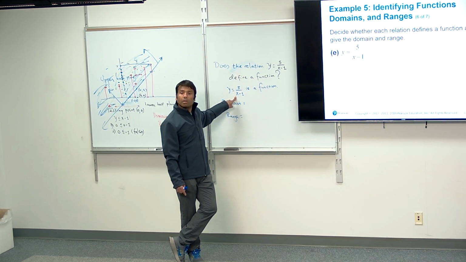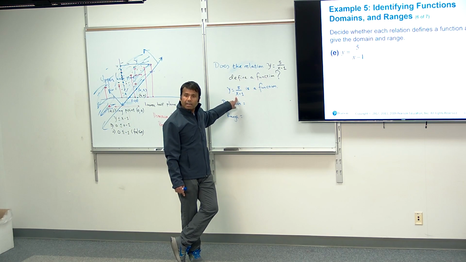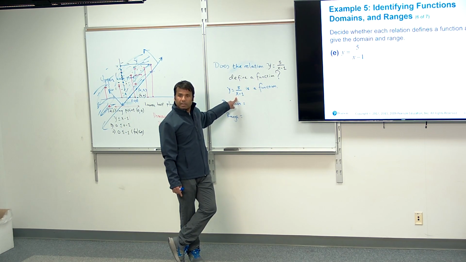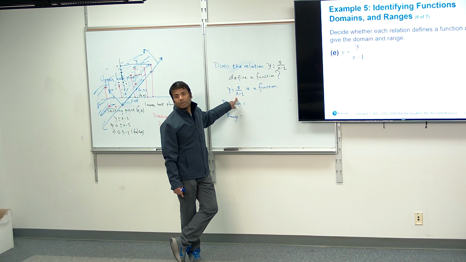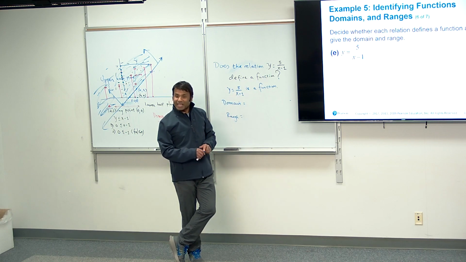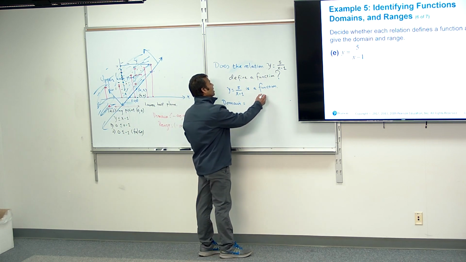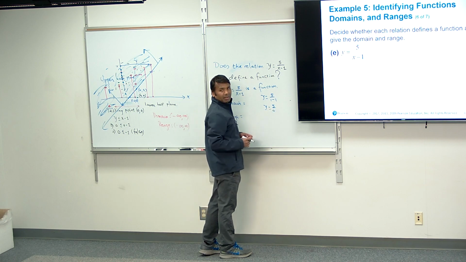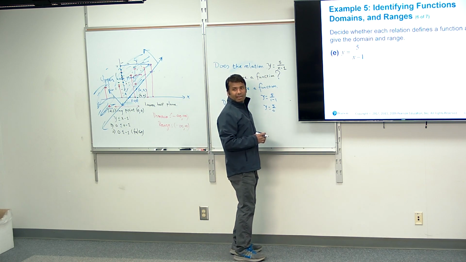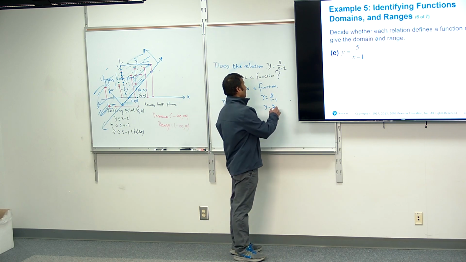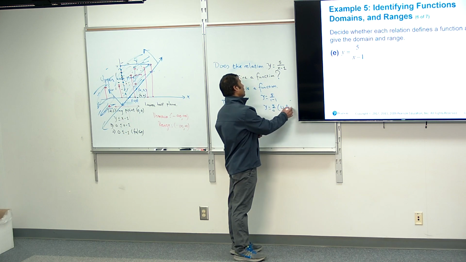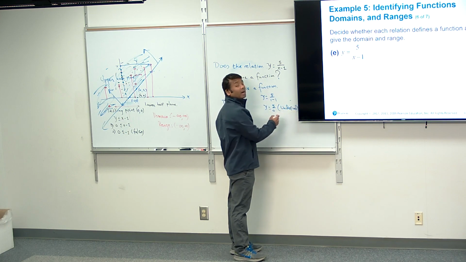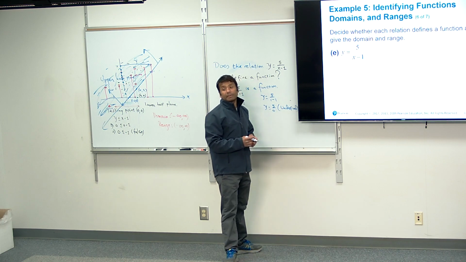5 over 1 minus 1, so that is 5 over 0, is that right? What is 5 over 0? y equals 5 over 0. This is undefined, right? 0 over 5 is 0. 5 over 0 is undefined.